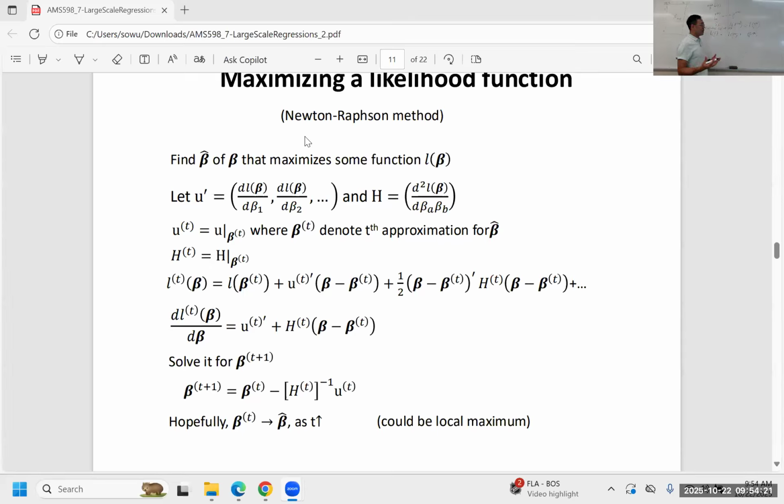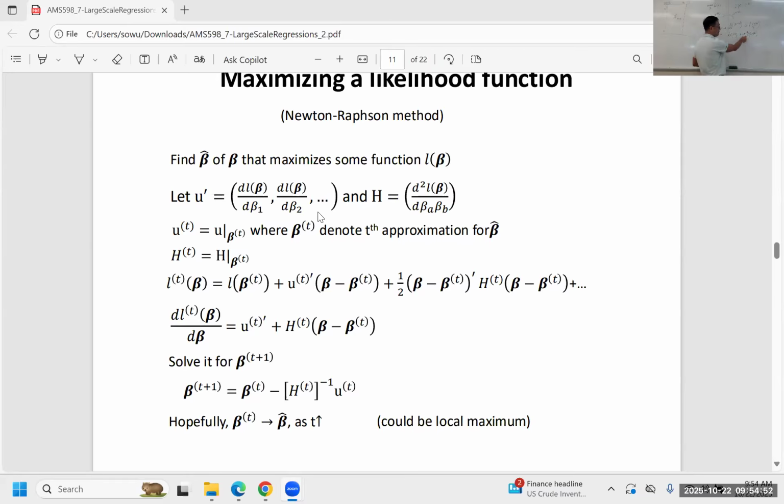If it's multivariate, then L prime beta is basically the first order derivative of L beta with respect to beta 1 up to beta t. So this will just be U prime transpose times beta minus beta t.